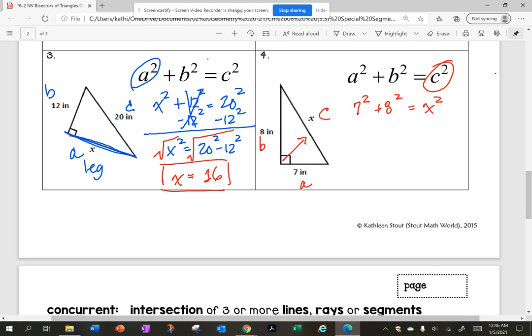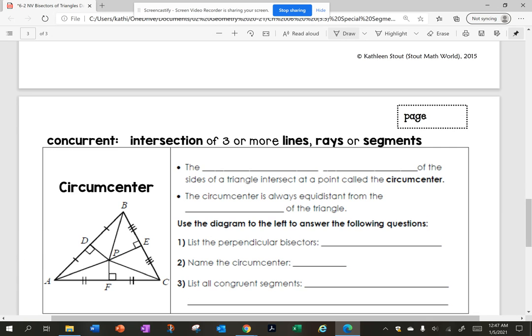I need to take the square root of both sides. So I get x equals 10.6. How'd you do? Okay, so that's just a warm-up. I need to be able to solve for sides of a right triangle, and I need to know if I want the leg or the hypotenuse.